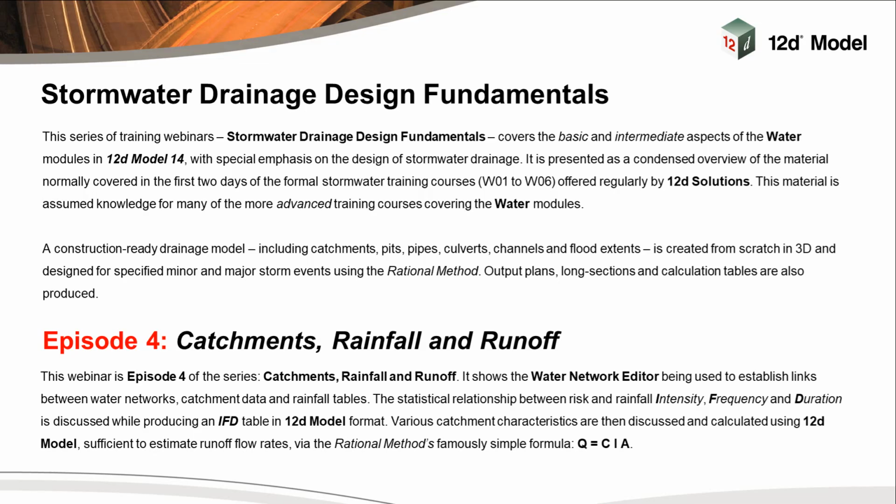Today's presentation, Stormwater Drainage Design Fundamentals, Catchments, Rainfall, and Runoff, is episode 4 in this series, which covers the basic and intermediate aspects of the 3 waters modules in 12D Model 14, with special emphasis on the design of stormwater drainage. This session will show the water network editor being used to establish links between water networks, catchment data, and rainfall tables.